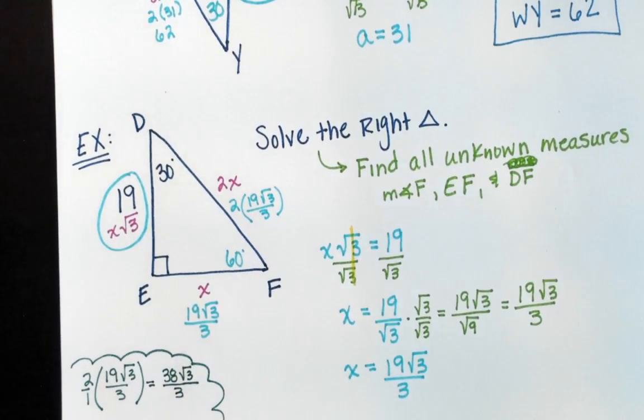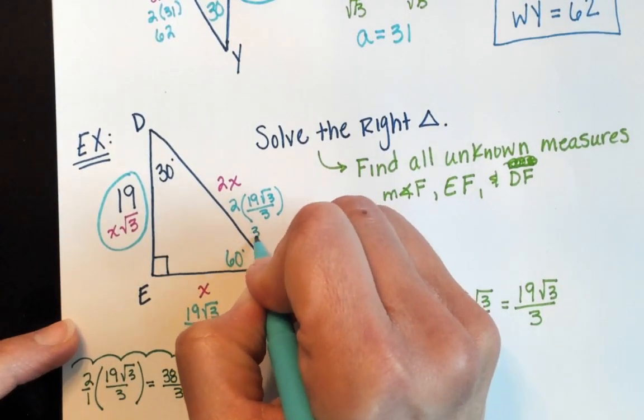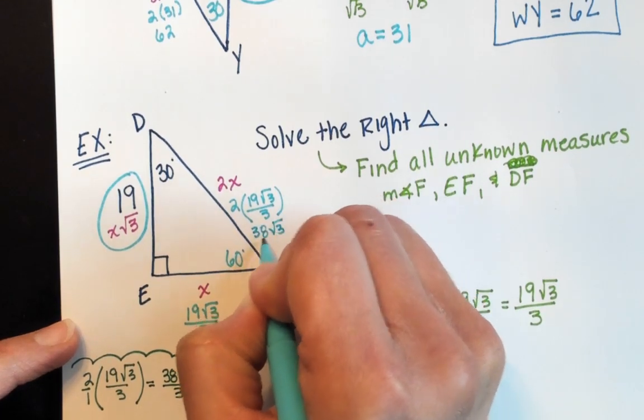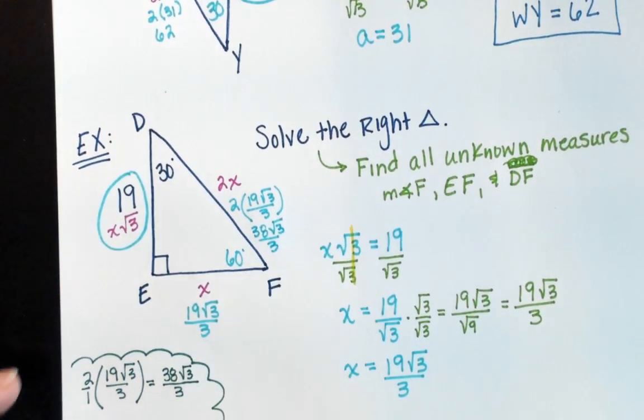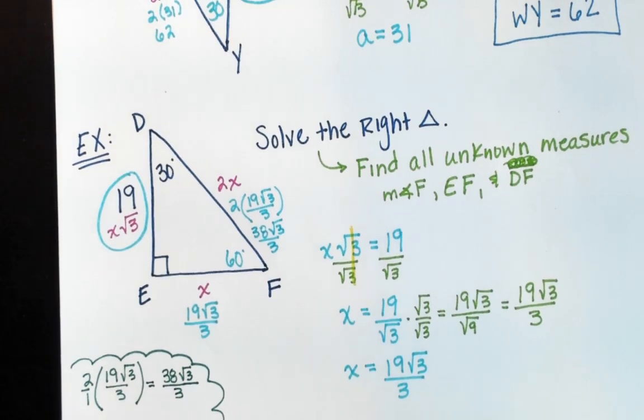So however you choose to do so, make sure that you get your right answer, which is 38 radical 3 over 3.